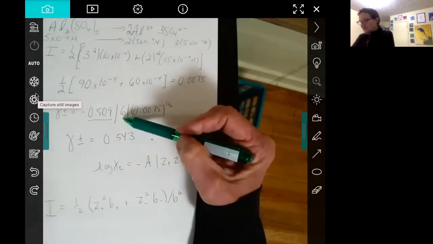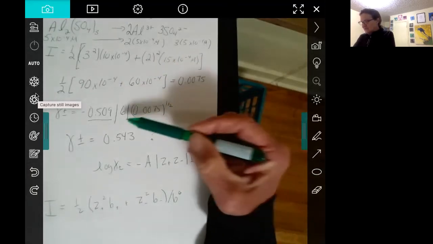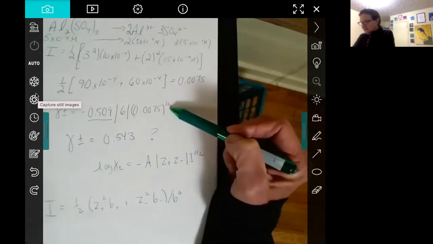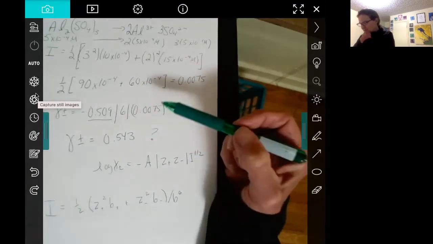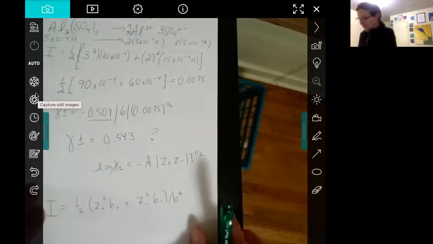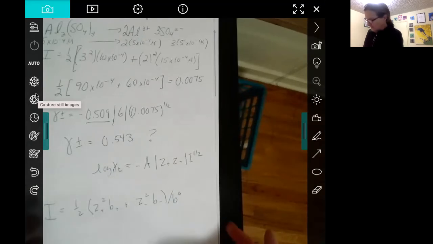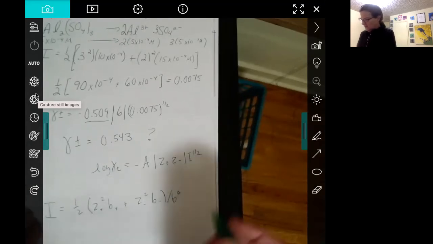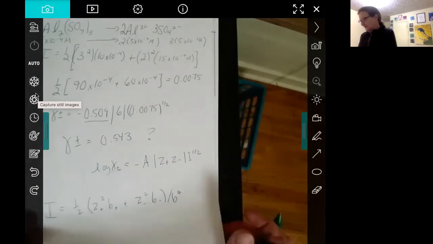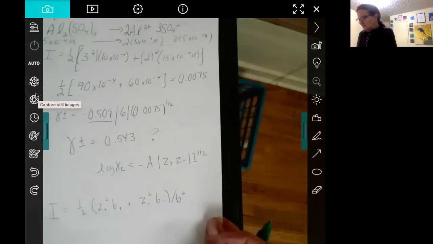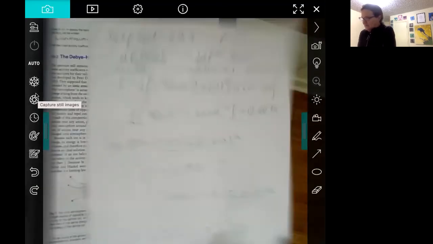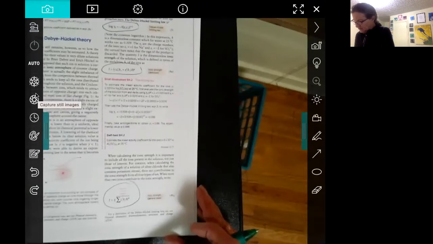So 2 times 3, charge on the cation times the anion, the ionic strength to the 1/2. I did this problem twice, and I keep getting 0.543, whereas Adkins got 0.77. Go ahead and try to find my error. I'll give you some extra credit points if you can figure out what I did wrong, or if you can confirm that maybe Adkins is wrong. But that's how you could calculate an activity coefficient.